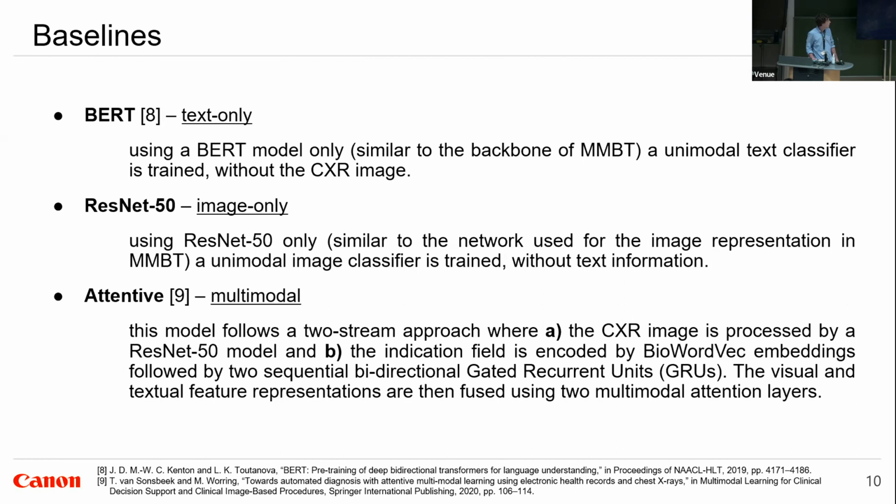And we also compared with another multimodal approach, which we define as attentive. This doesn't use a transformer architecture, but rather uses 2 sequential bidirectional gated recurrent units, and then the visual and textual features are merged using 2 multimodal attention layers.